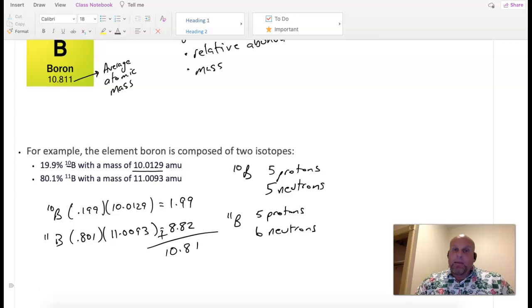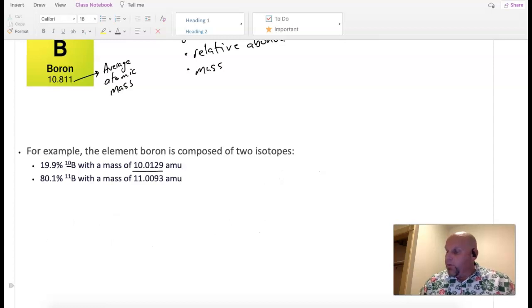So first we need to be able to do that work that I've shown here to calculate the average atomic mass, but we also need to be aware of what these values are telling us. If I were given a problem or a scenario with regards to the isotopes of boron here, but were not given these relative abundance values.